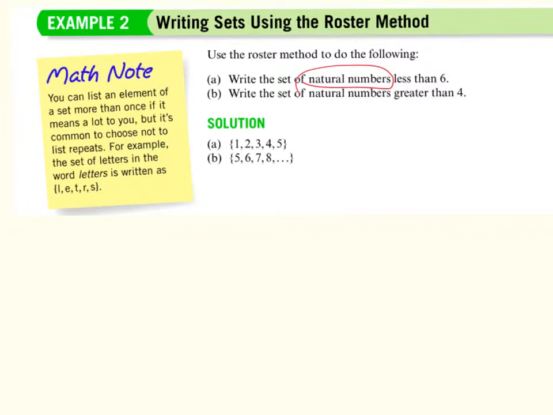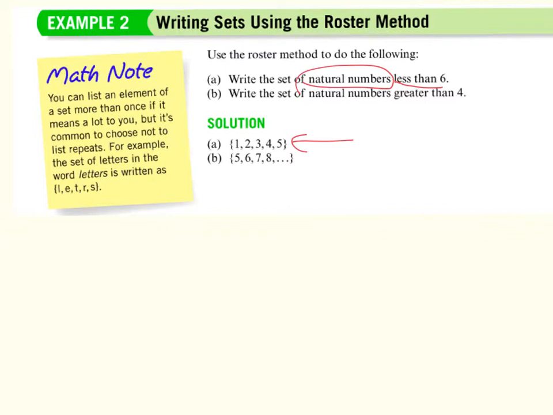We don't start with 0. It just comes naturally to us. Because of that, we call those numbers natural numbers. Again, natural numbers do not include 0. So the solution here starts with 1, 2, 3, and ends with 5, because less than is not less than or equal to, so 6 is not included in that set.